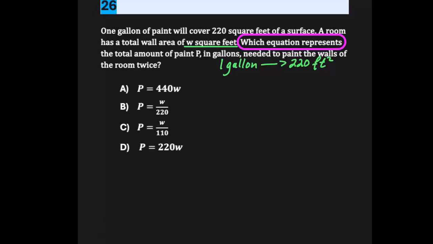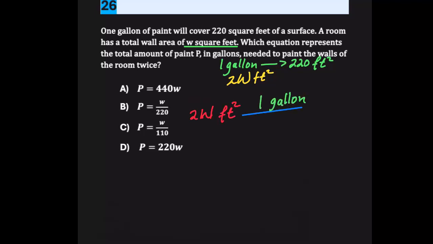Which equation represents the total amount of paint, P, in gallons, needed to paint the walls of the room 2 times? So we have 2 times the area, which is feet square. So this question is about unit conversion. In the beginning, they gave us square feet, and they wanted the answer to be in gallons.